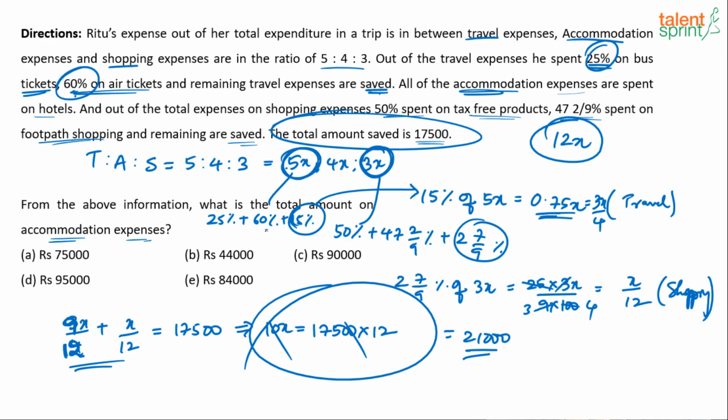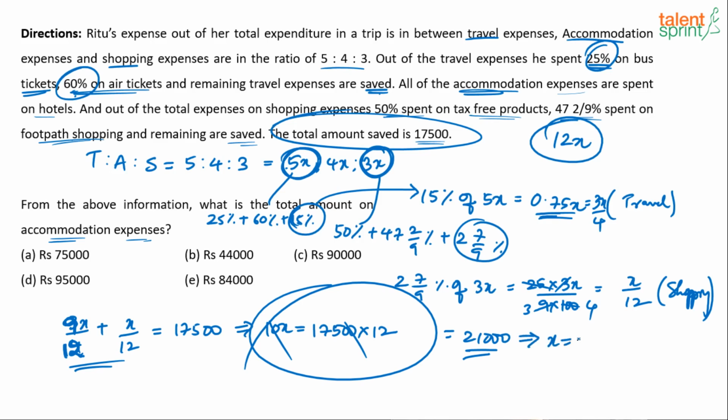Is this correct? 25, 60, 85, 85 plus 15, yeah, 15% of 5x. Yeah. So total x comes out to be 21,000. Sorry. So we have got x equals 21,000. Yeah, I think it's correct.